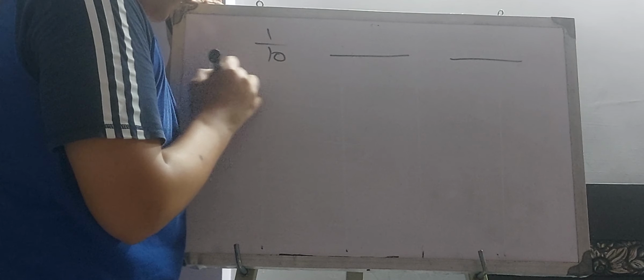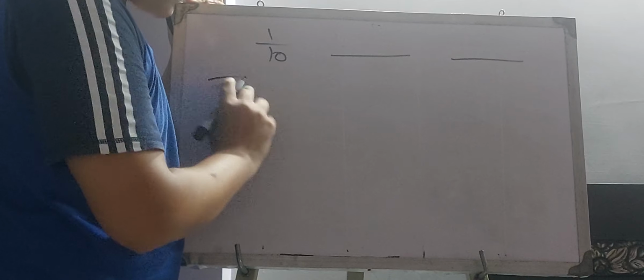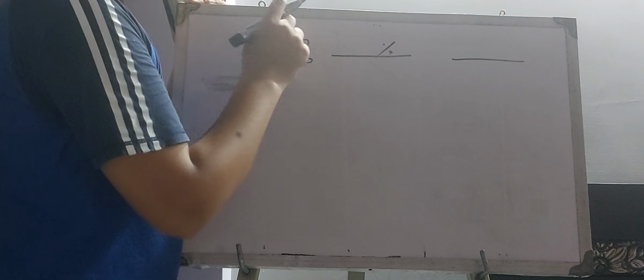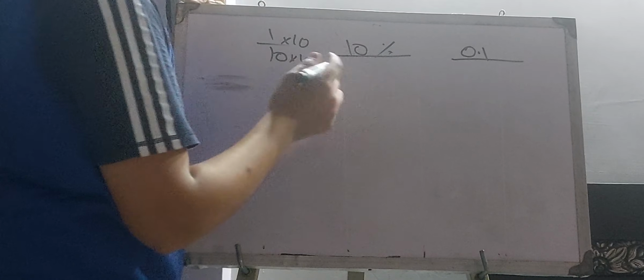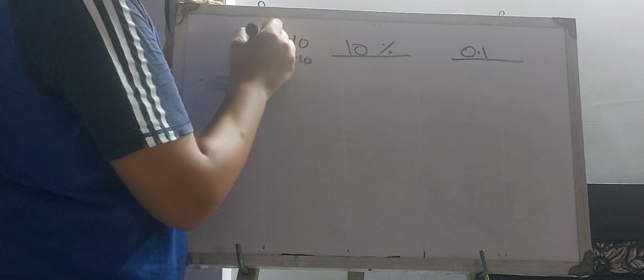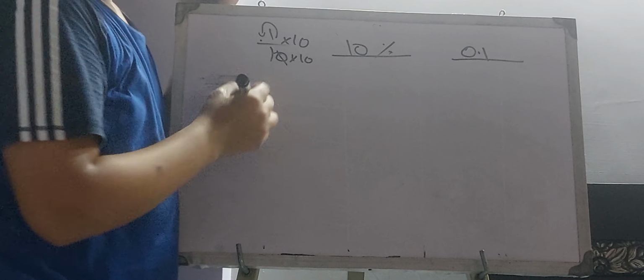Please remember that percentage is always out of 100. To make this out of 100, we have to multiply it by 10. Percent means per 100. So this means 10%. And it will be 0.1. You can simply take 1 by 10, put the 0, and move the decimal point over here. It will be 0.1. So it's simple.